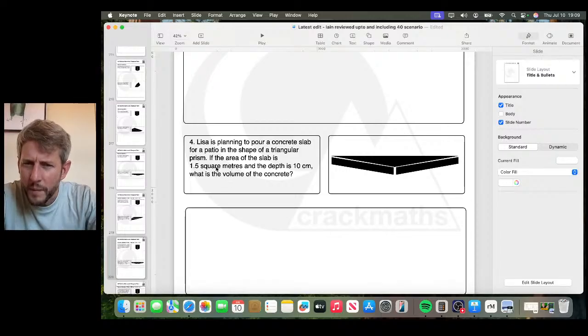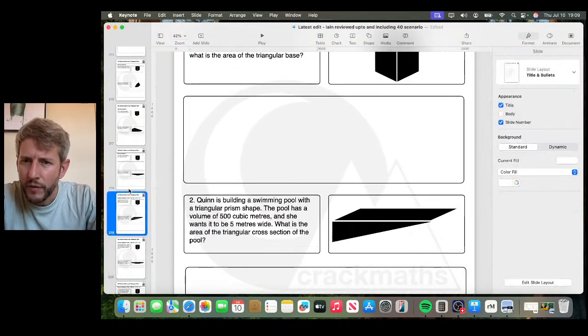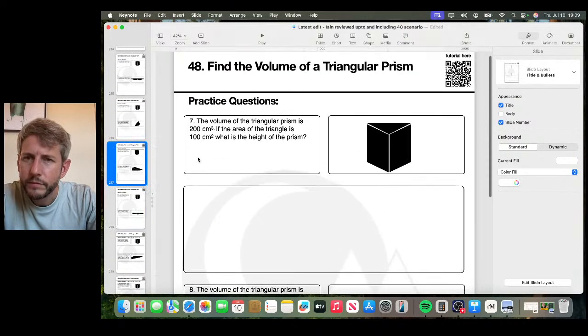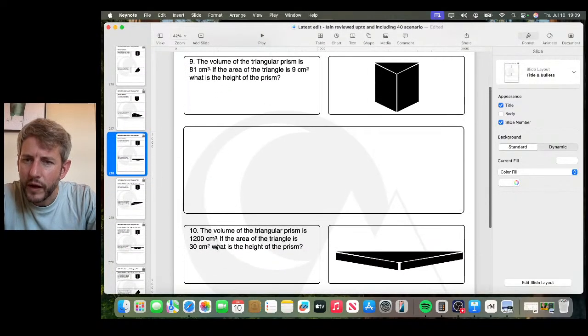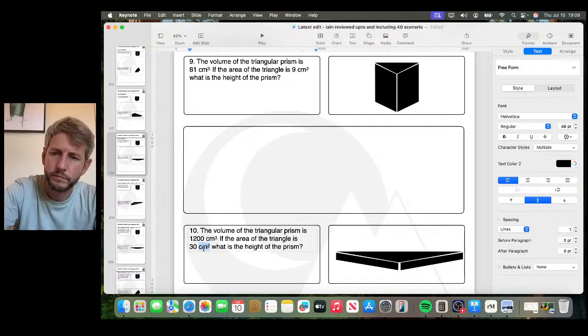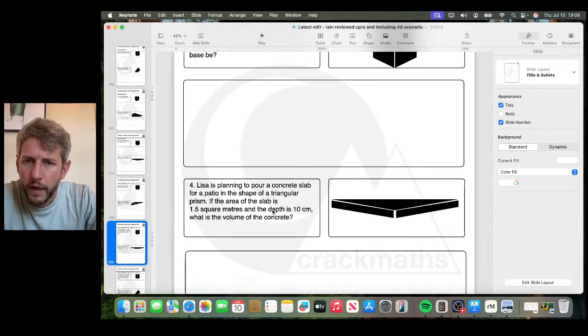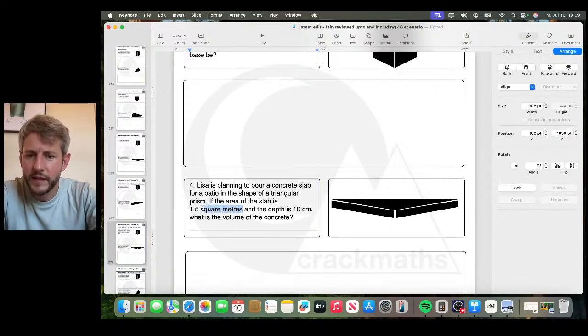Oh, why am I doing this? Square meters, meters squared. Right, where have I got the unit? Here we go. I need a meters squared. This one will do. Okay, that's done. Doesn't make sense to mix these up.